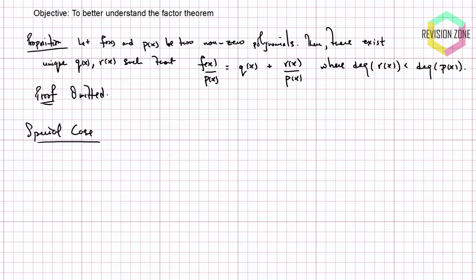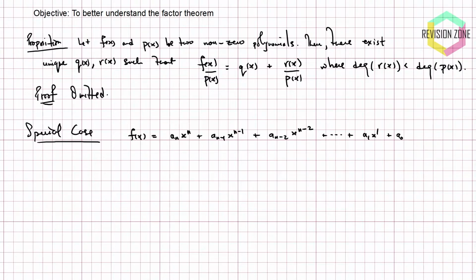What we want to do as a special case is take our f of x to be a general polynomial, a_n x^n + a_(n-1) x^(n-1) + a_(n-2) x^(n-2) and all the way to a_1 x + a_0. Of course, we may write x to the naught, but we don't need to, because x to the naught is just 1.